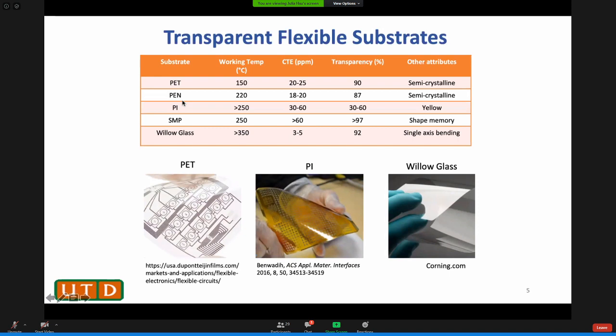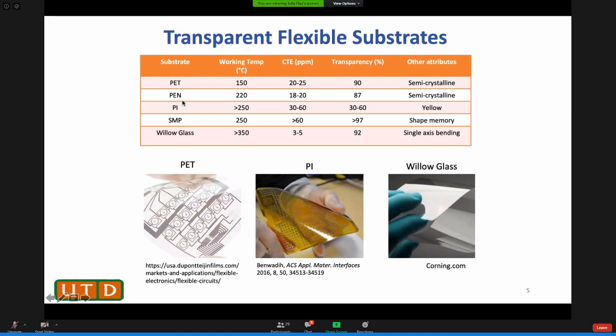And so one important property is coefficient of thermal expansion. You look at all the polymers; they are very high, and willow glass, because it's an oxide, is low. So in general, oxides are below 10 and polymers are above 20. So this is a big difference between thermal expansion coefficient.